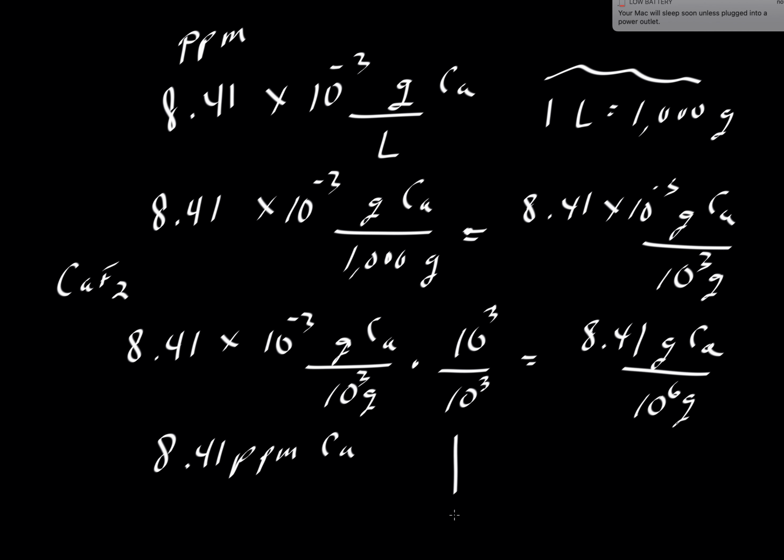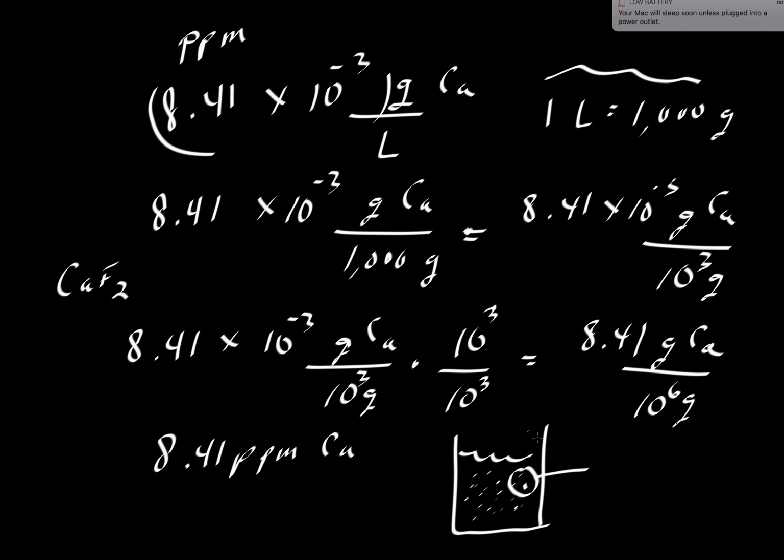Now, if you're wondering how could that work out, if we have a bunch of calcium atoms sitting in this solution, you can think of it this way. So why is this number 8.41 so much bigger than this number over here? We're taking a much bigger fraction of material. Well, the reason is this. If we take 1,000 grams, then we would have this case.